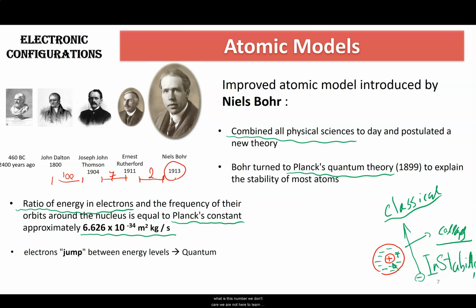Now, what is this number? We don't care. We're not here to learn what Planck's constant is, but just take it that it's very complex, and it is derived from the ratio of the energy of electrons versus the frequency of their orbits, and they happen to be the same.